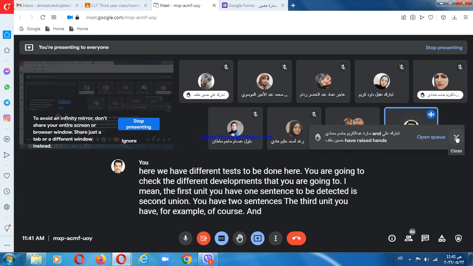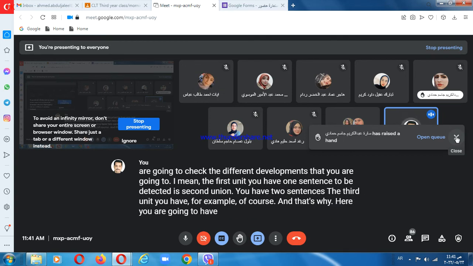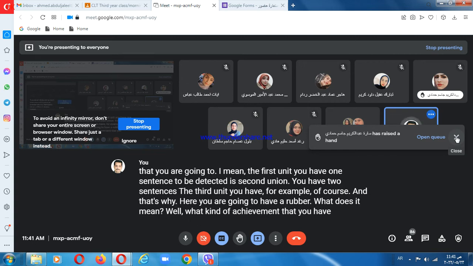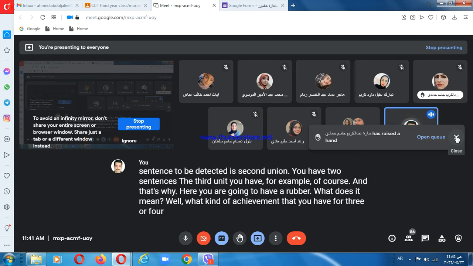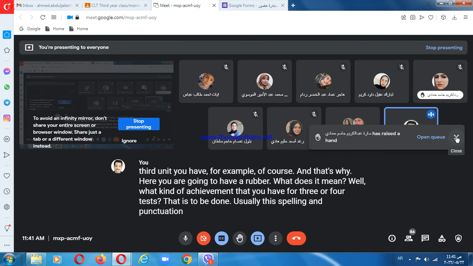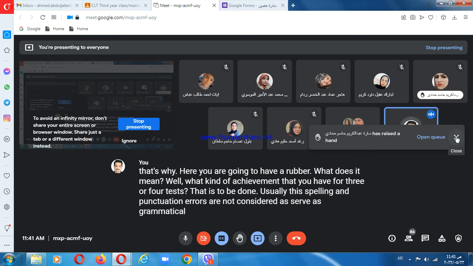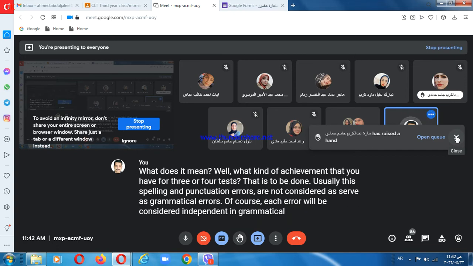That's why you are going to have your rubric: what kind of achievement you have across 3 or 4 tests done through dictation. Usually spelling and punctuation errors are not considered as serious as grammatical errors. Of course, each error will be considered independently, and a grammatical error is different from a spelling error.